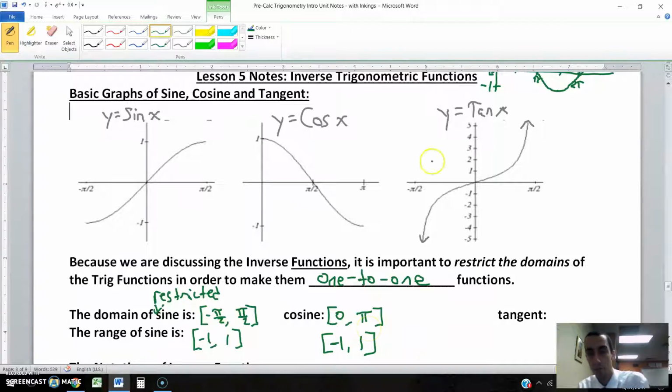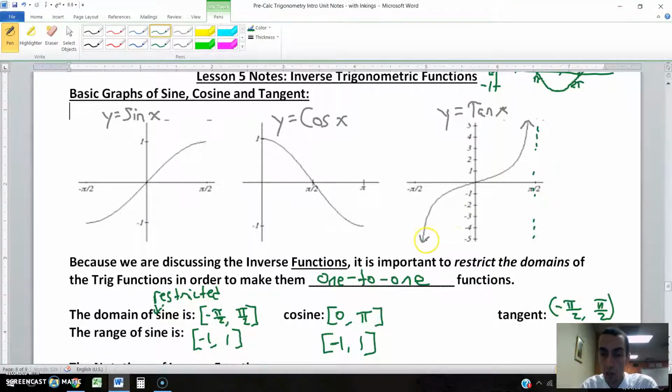For tangent, we have a domain running between negative pi over 2 and pi over 2. Remember that with this tangent graph, there is an asymptote here at negative pi over 2. So it never actually reaches pi over 2, and never actually reaches negative pi over 2. Because of this, we need to have a parentheses here, meaning that it doesn't actually reach those values.